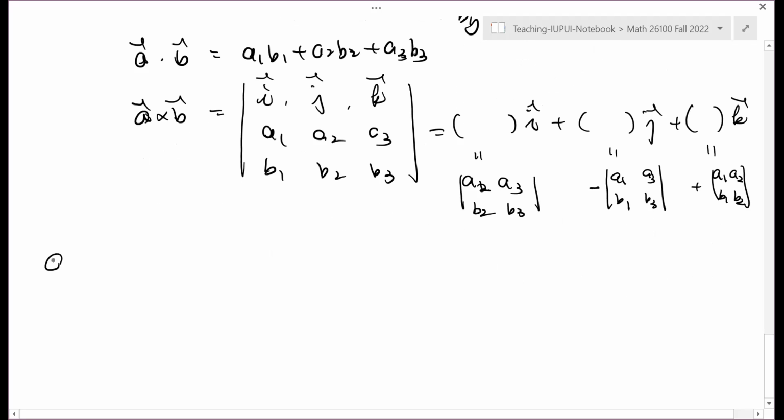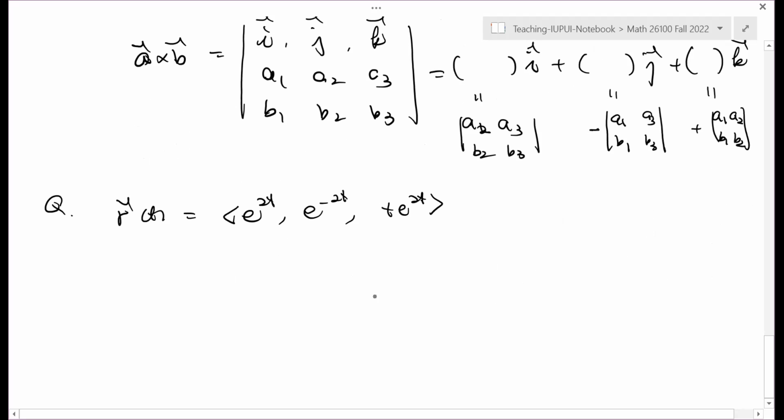Right, so take a look at the example. We have e to the 2t, e to the negative 2t, t times e to the 2t. Now, it's hard to draw the graph here, so I just sketch the graph in some way. What I'm trying to find is the unit tangent vector.